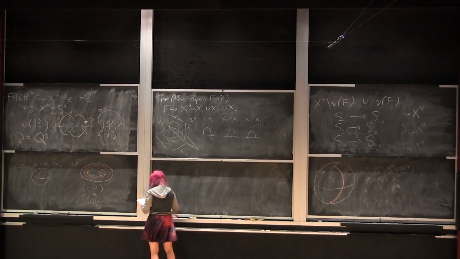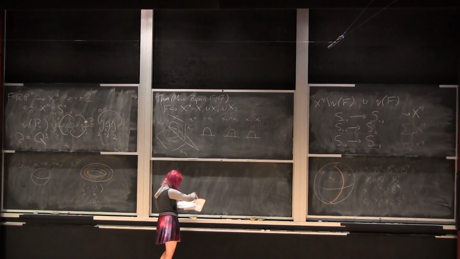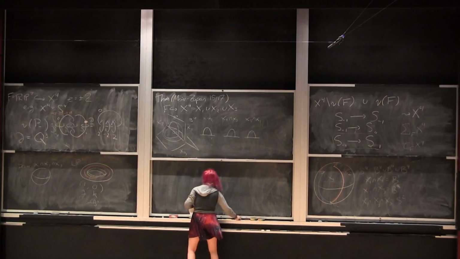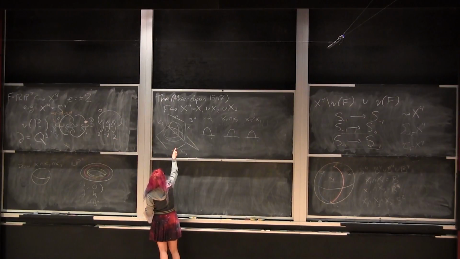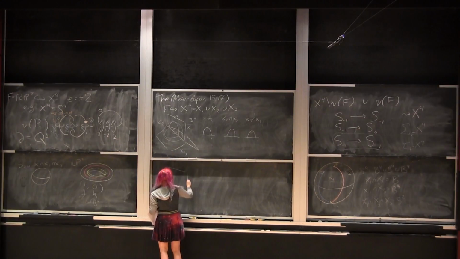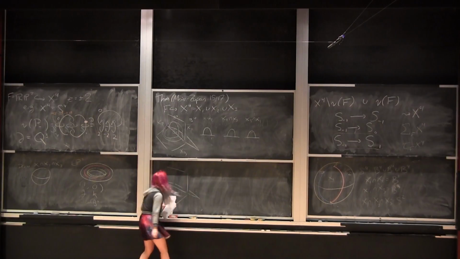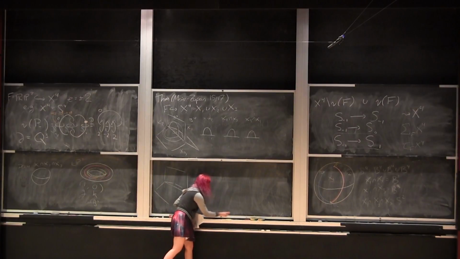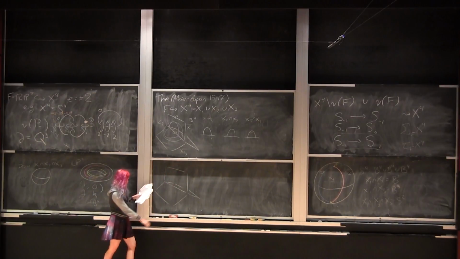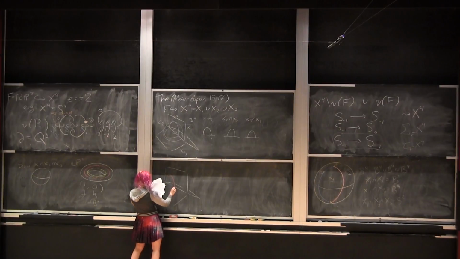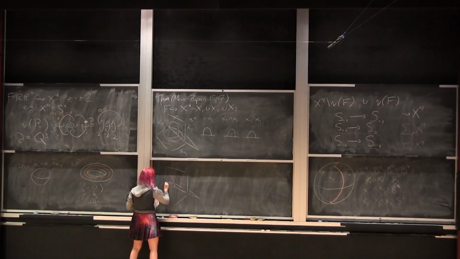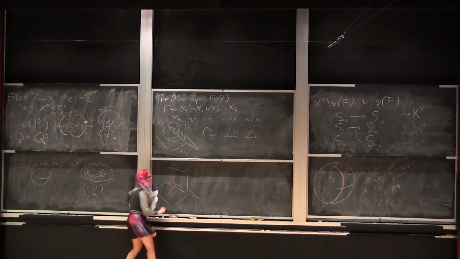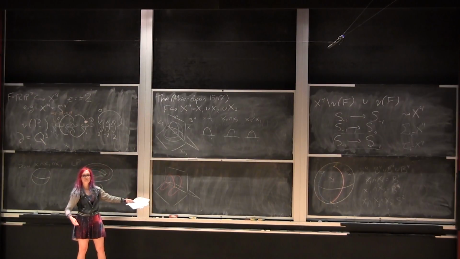Let's draw my RP2 sitting inside of space. If I draw S4 the same way, I project these balls into a dimension lower. I could draw a copy of RP2 in the following way. I'm going to have a disk in this third whose boundary looks like that. I mean, that's an unknot, right?